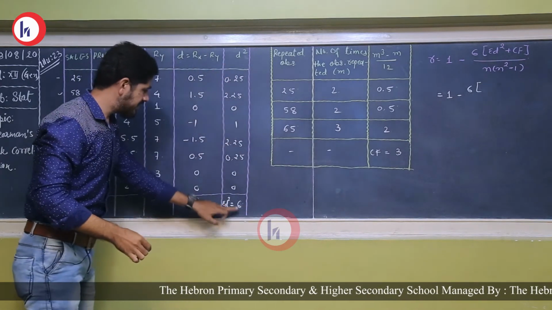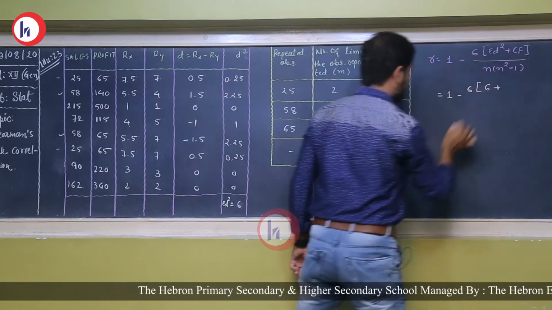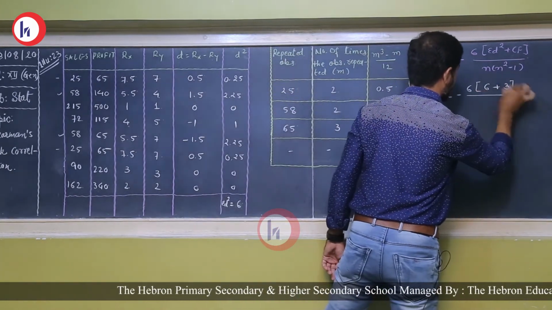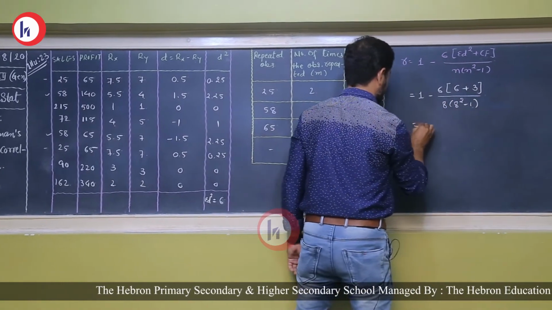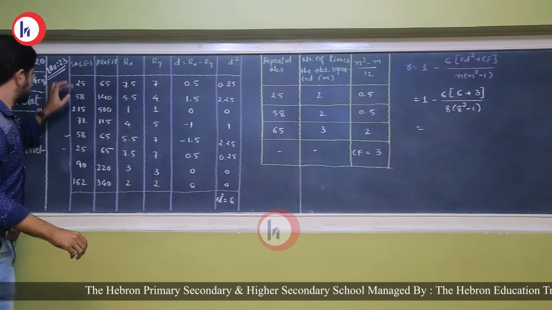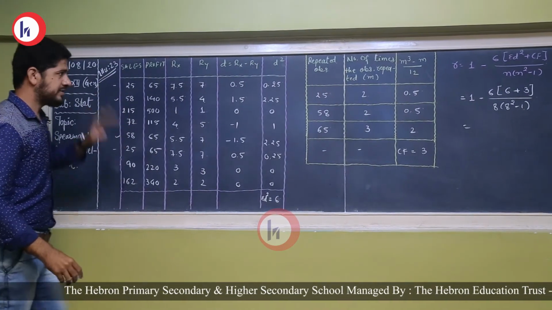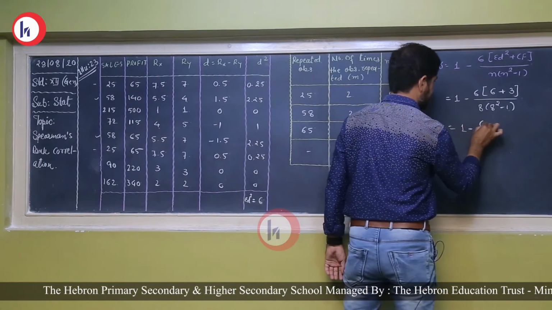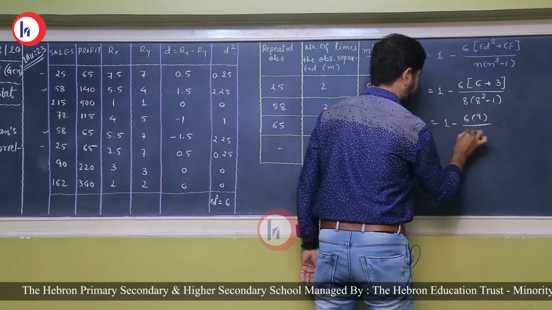So the sigma d square is 6 plus correction factor, it is 3, divided by n, 8. Okay, so we have 8 observations: 1, 2, 3, 4, 5, 6, 7 and 8. Right. Now 1 minus 6, 6 plus 3, that is 9, upon 8.